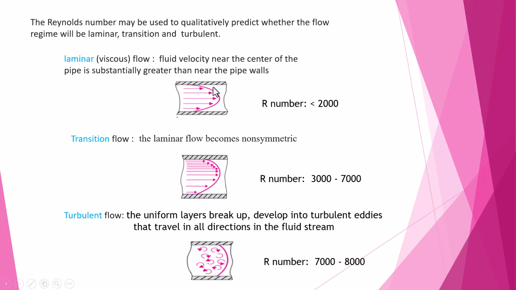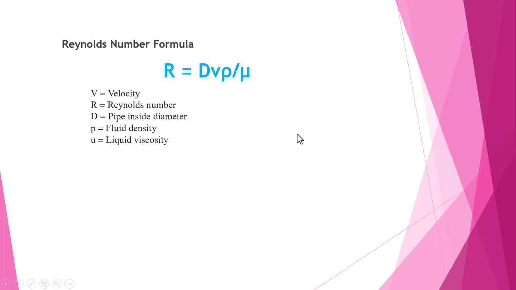This is called laminar. Its Reynolds number is less than 2000. That means the viscosity is high, so it is moving slowly.